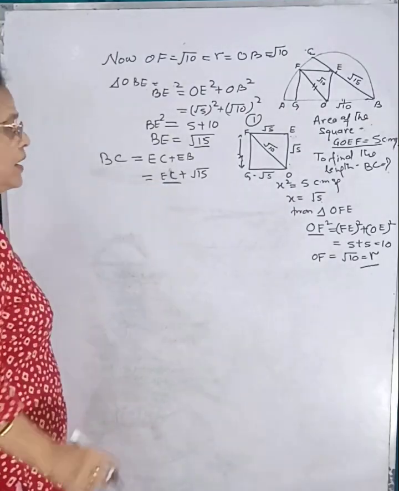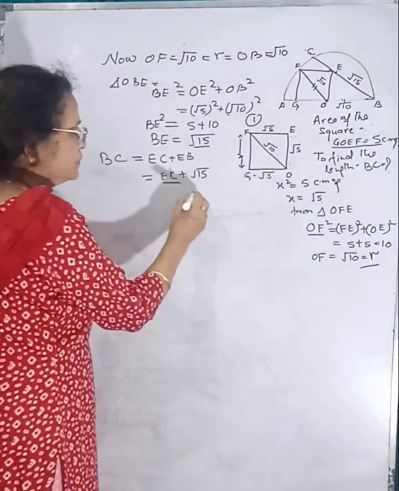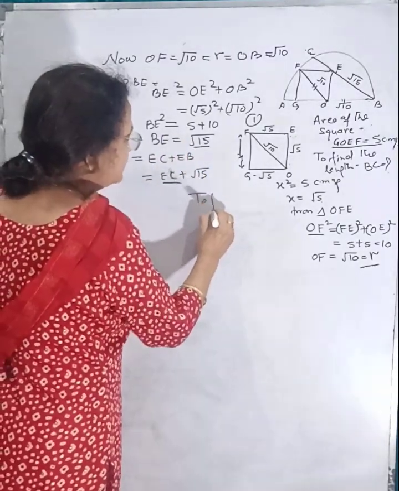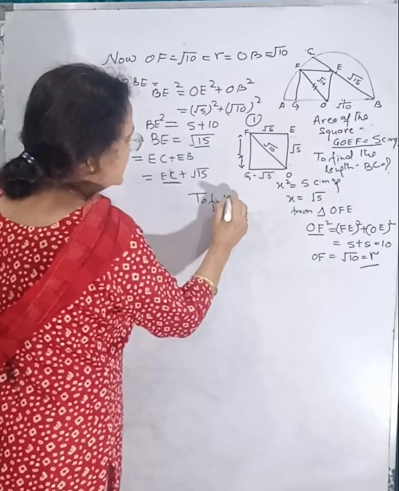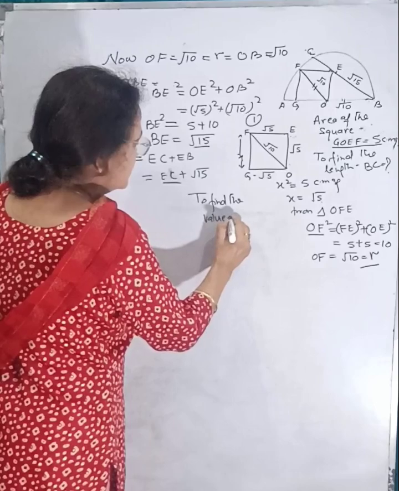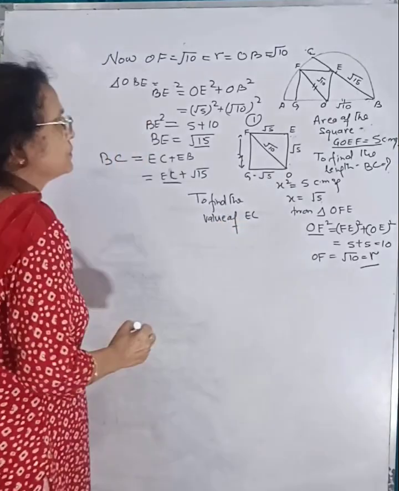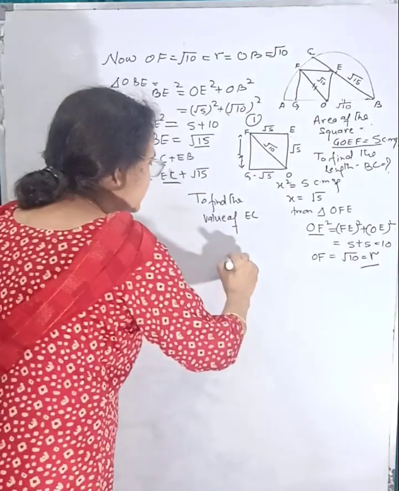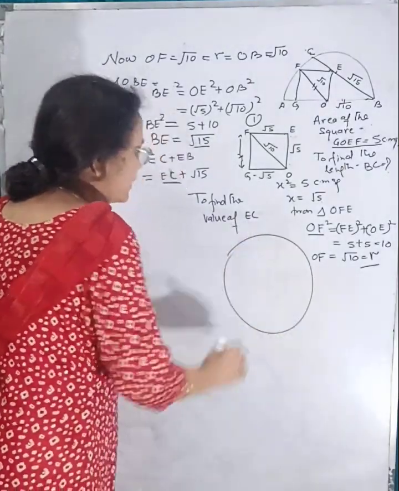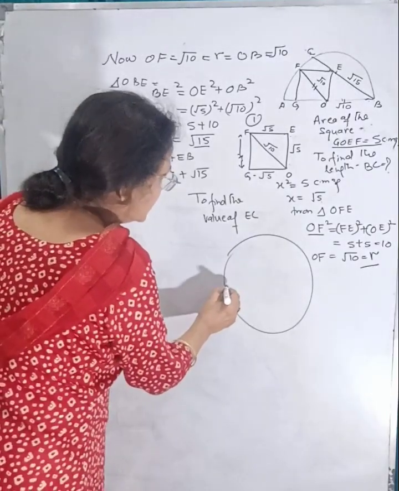Now in order to find the value of EC, what we have to do? Let's suppose this is the circle in which this is the diameter.